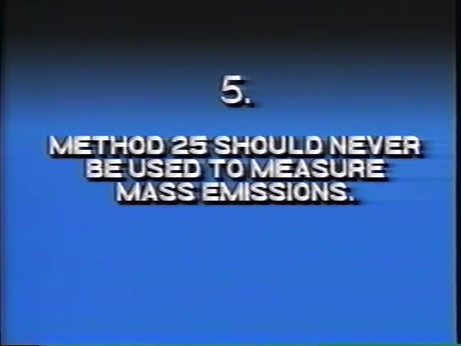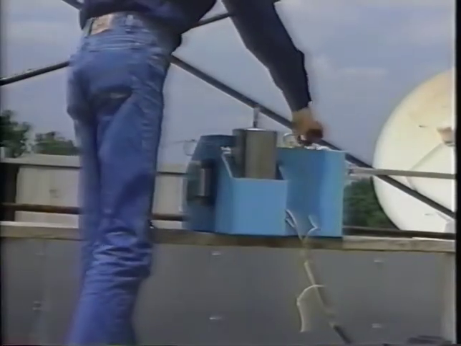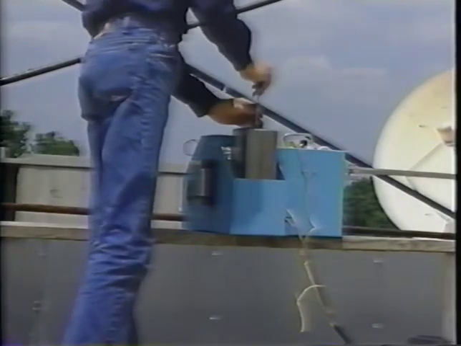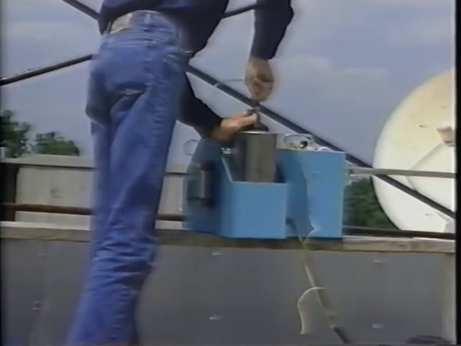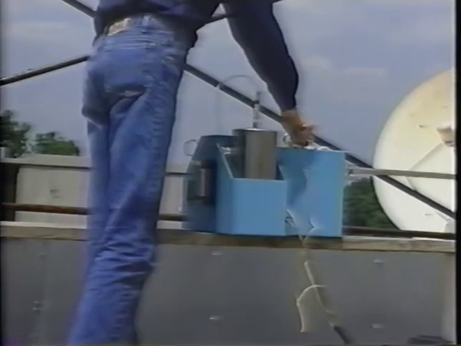5. Method 25 should never be used to measure mass emissions because the method measures only carbon. Typically, the EPA does not recommend Method 25 for the measurement of mass emissions.